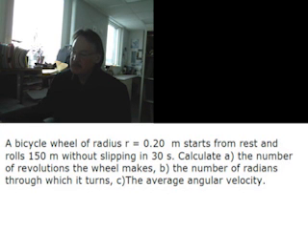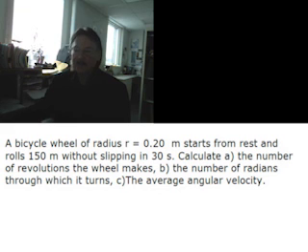So I guess we could use the formula to find the average velocity. Theta equals omega average t. Go ahead and plug that in there and find that omega average is what, 25 radians per second. And oh, that's what we're looking for in C, isn't it? Okay, oh, that's good. So that wasn't too hard, was it?